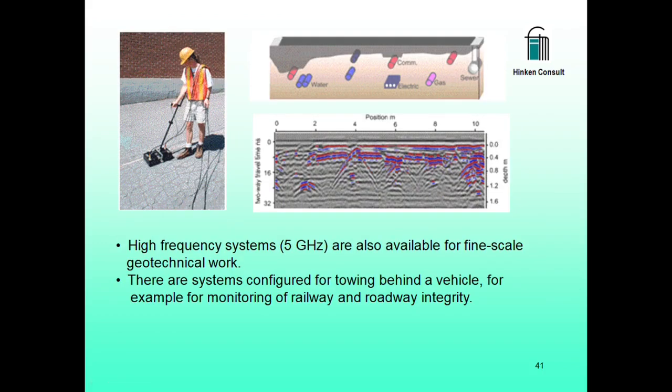The second example shows a GPR in another area where various service structures are underground: water pipes, electrical cables, gas pipes, and a sewer system. The test drawing shows many indications and needs careful further evaluation.